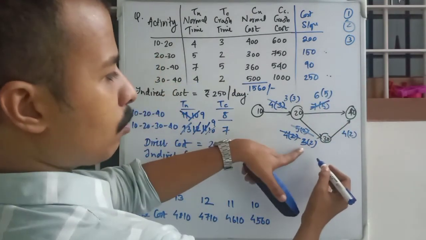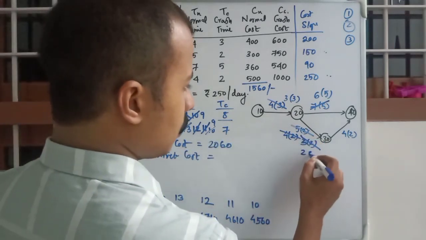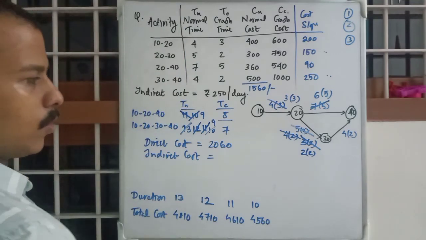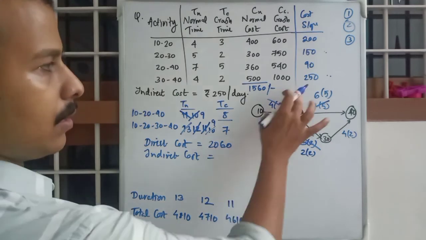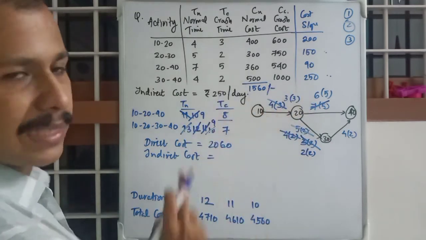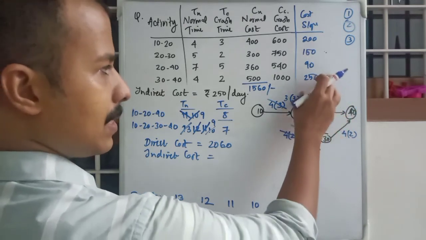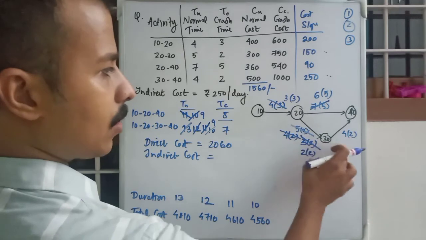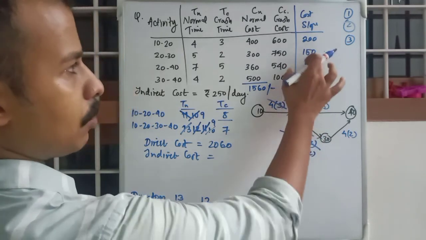Obviously, we have one more day left here. Okay, I hope it's clear. This had hit its maximum. So we will take 1 day each from this activity and 1 day from this cycle. So we will compare the cost slope of these two activities.